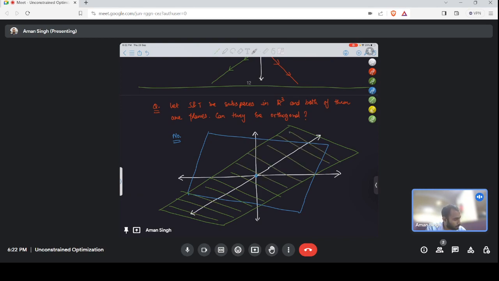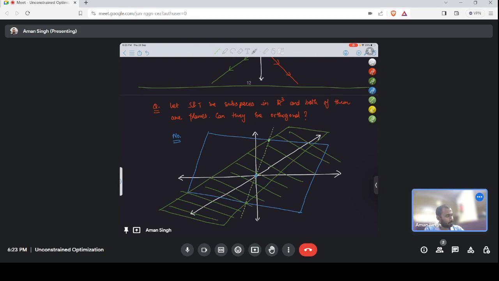And this might be the line of their intersection, this dotted line.